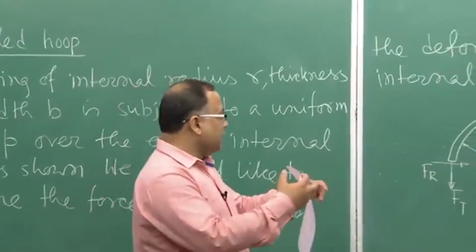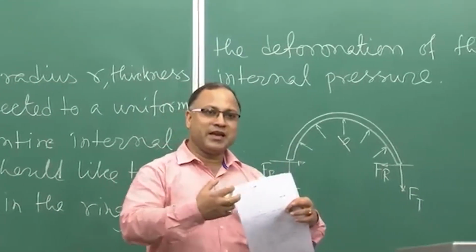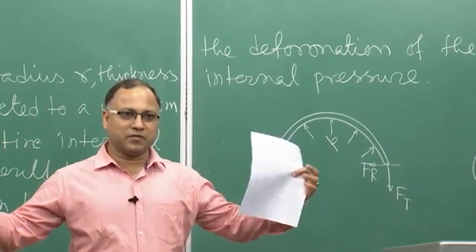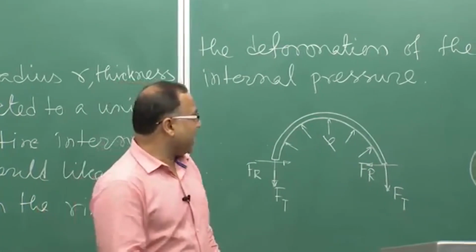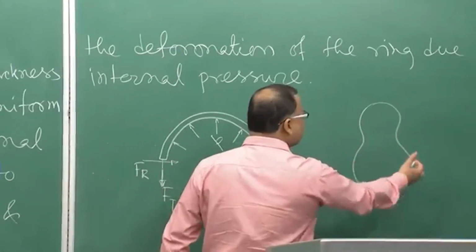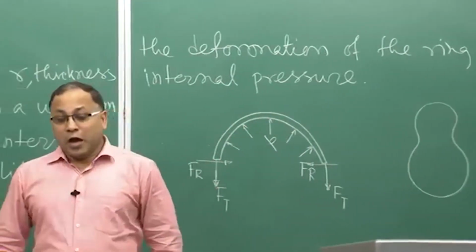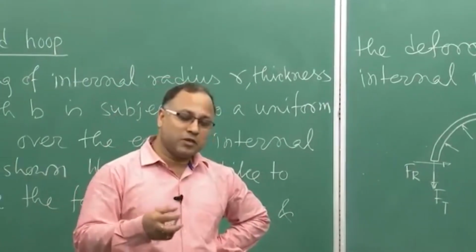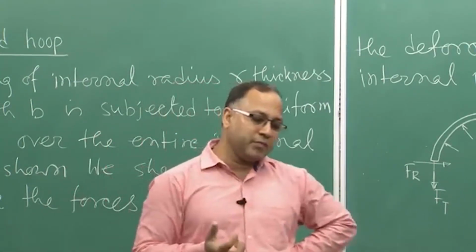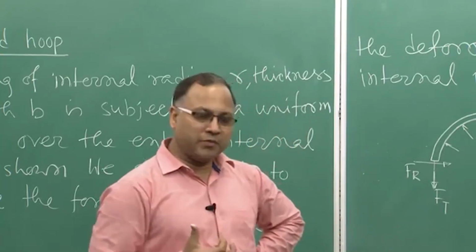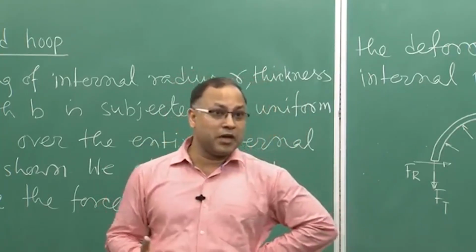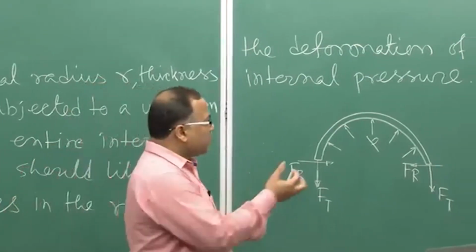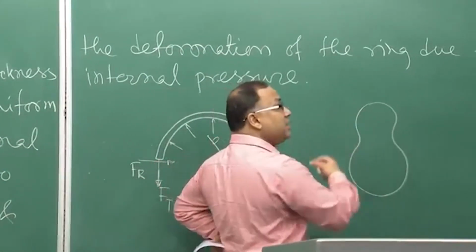And in the lower half it will be expanding because Fr is going in the outward direction, right. So, it might take the shape like this. Now, the question is that under fluid flow, suppose water is flowing through the pipe or oil or even gas, have you ever seen this kind of shape happening in the pipe?